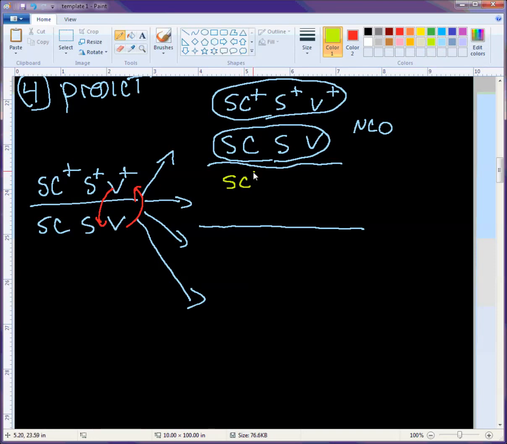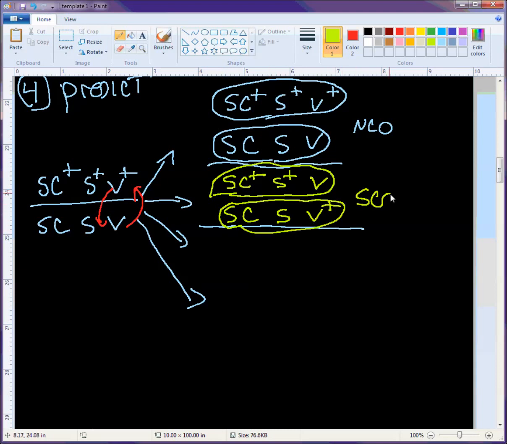So SC plus, S plus, little v came up. This is one gamete, and the other one is going to be the opposite. This is the other gamete. Okay, and this is single crossover. We'll call this class 1.